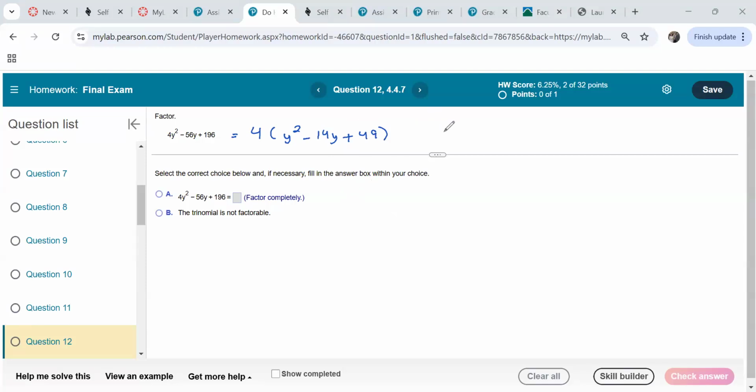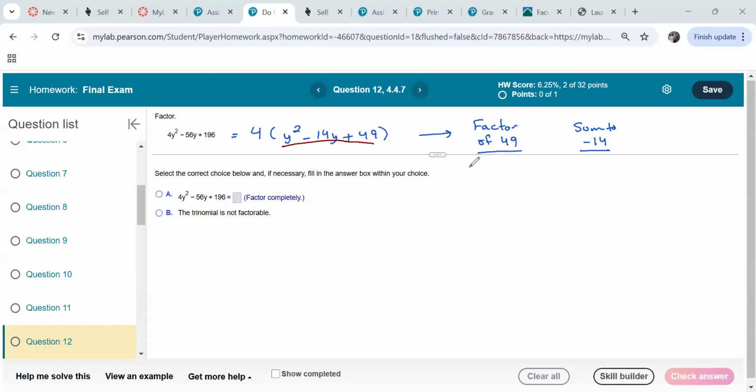Now what I need is factors of 49 that should sum to my middle number of -14. So the only thing I'm trying to do is just factor this part in here.